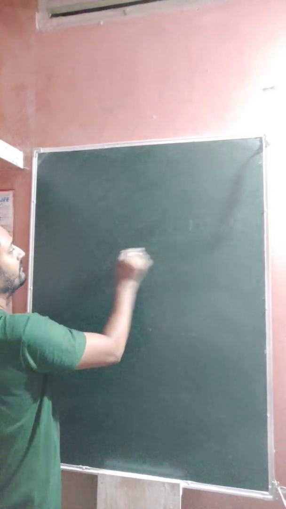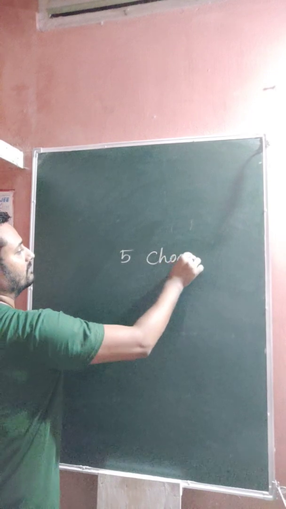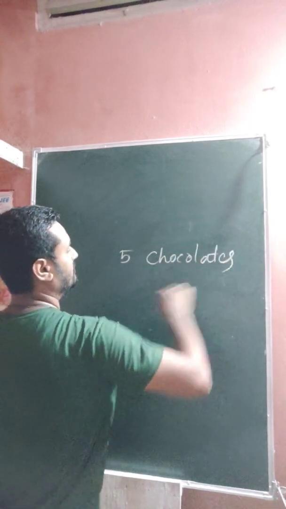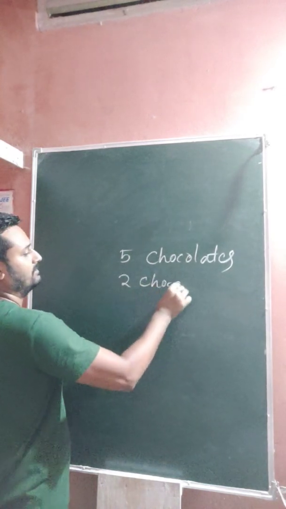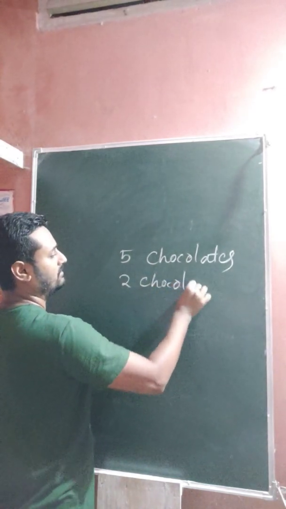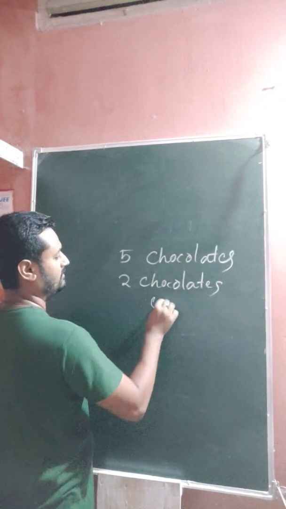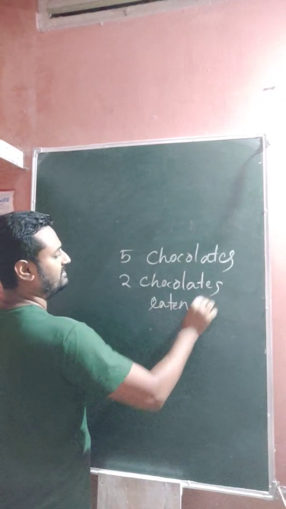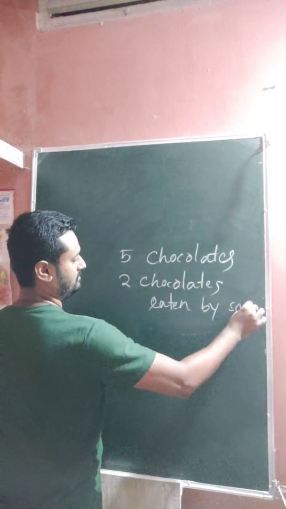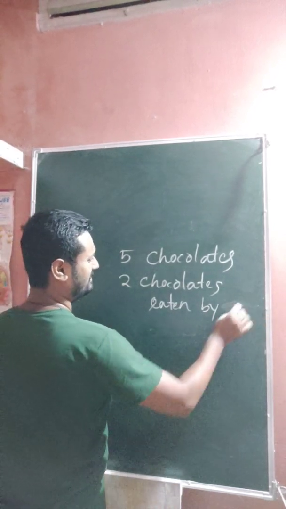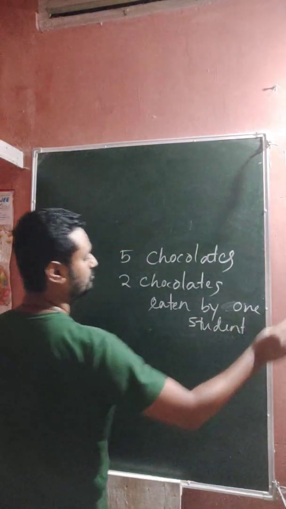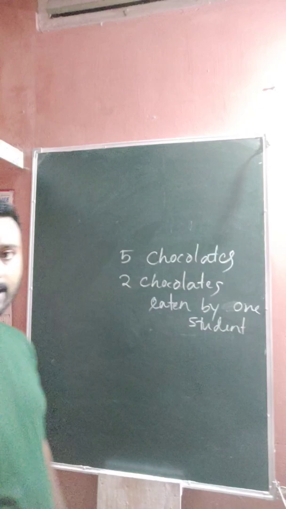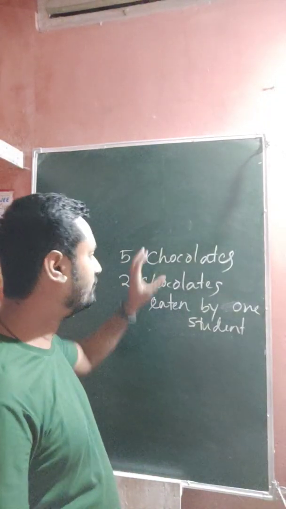Suppose let us take one example. Suppose there are 5 chocolates, and out of 5, suppose 2 chocolates are eaten by suppose 1 student. Out of all students, suppose 1 student eats those 2 chocolates from the 5 chocolates.